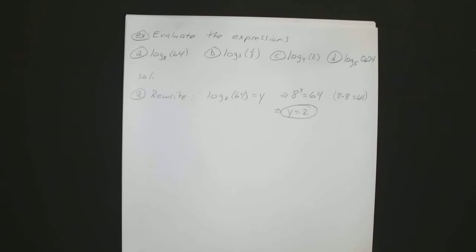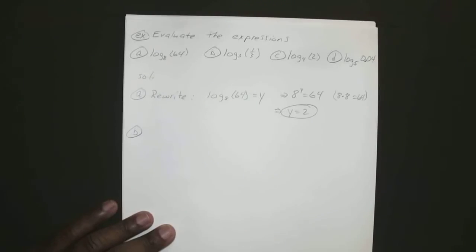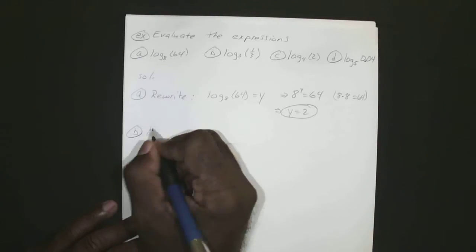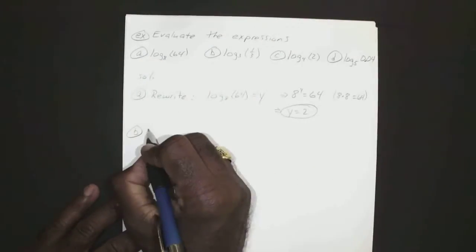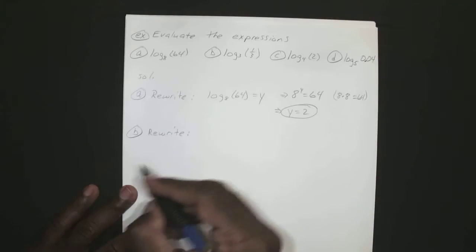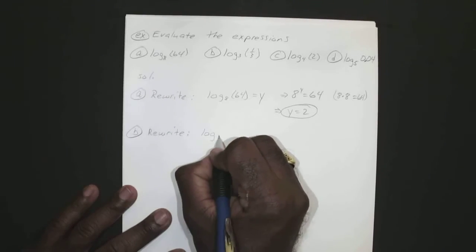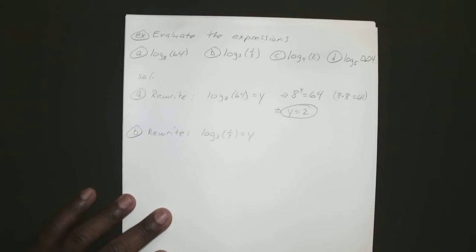All right. Okay, so let's say for problem B, first thing we're going to do is rewrite it as log base 3 of 1/3 equals y.